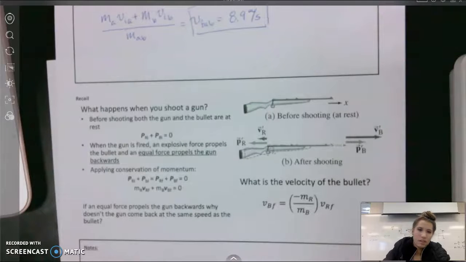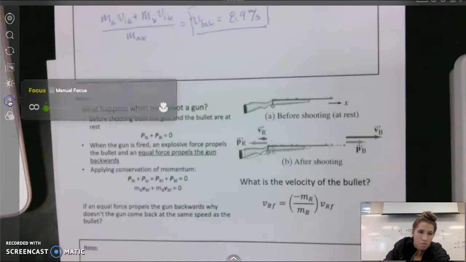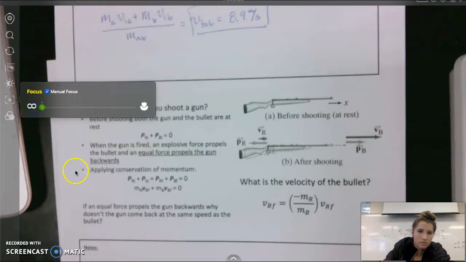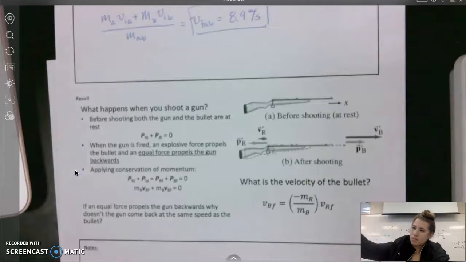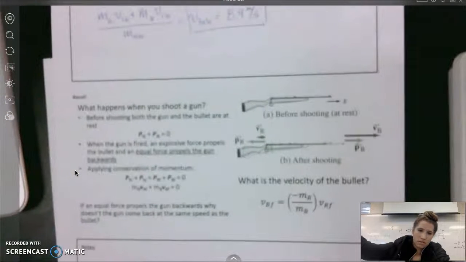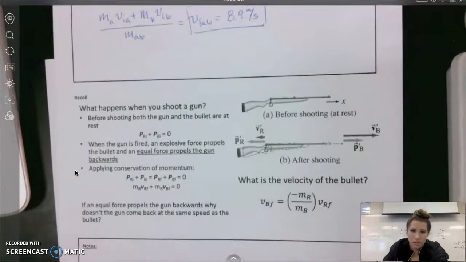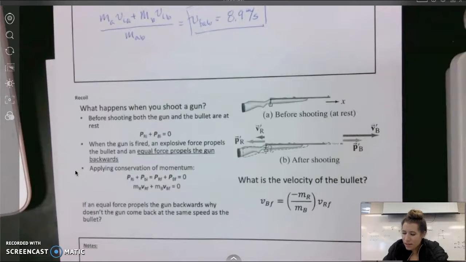So when the gun is fired, what happens is we get an explosion, and it's this idea that we started as one and we became two or more items.